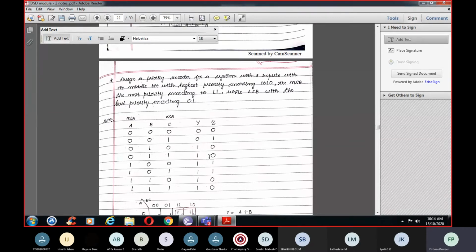Whatever the MSB bit may be, whatever the LSB bit may be, the first priority is given to the middle bit. So when B is 1, it is encoded to 1, 0.